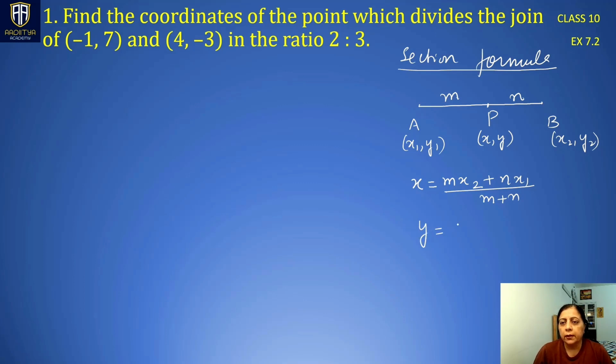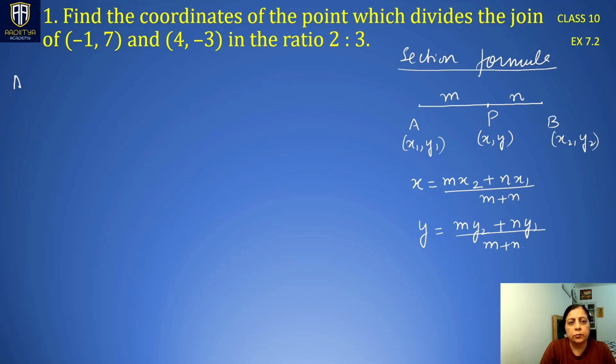Similarly, for y, m times y2 added to n times y1 divided by m plus n. This is the concept that we are going to use here, and we have already learned that if we have to find the ratio in a particular question, instead of assuming that ratio to be m:n, we assume it to be k:1.